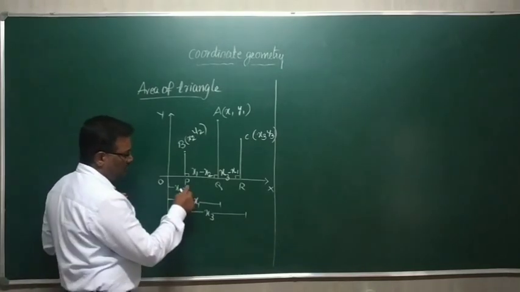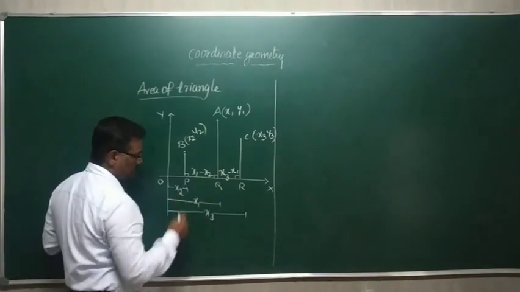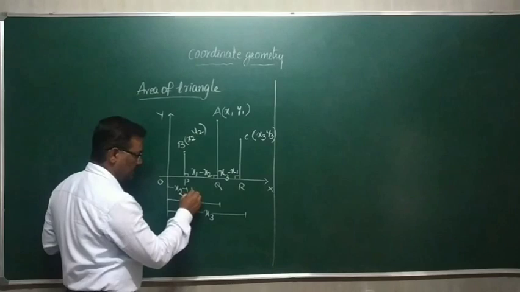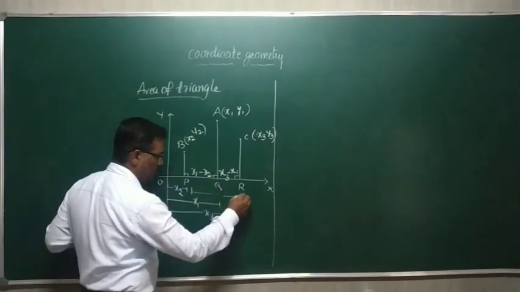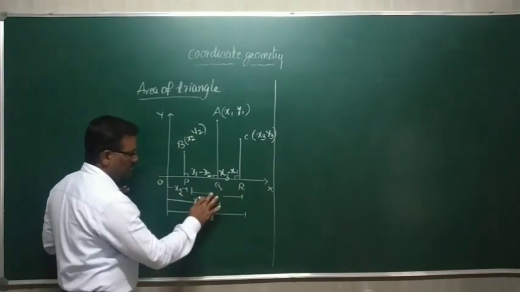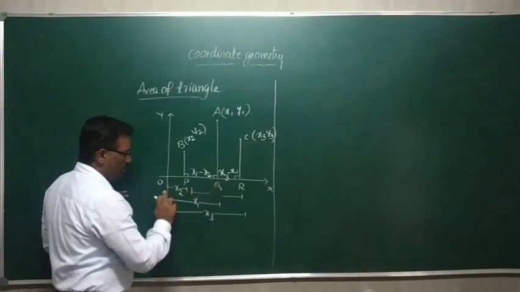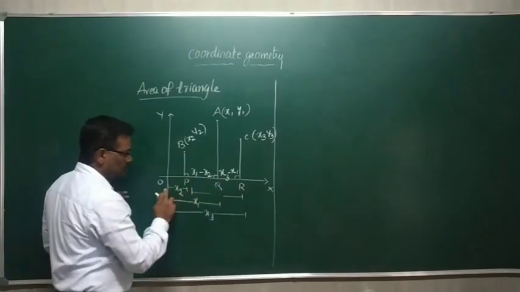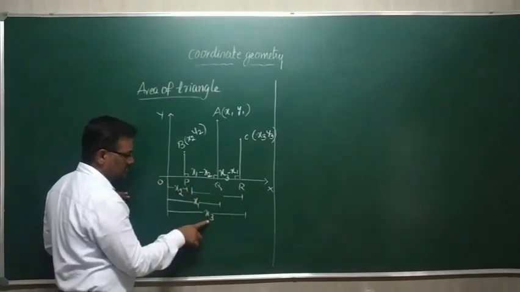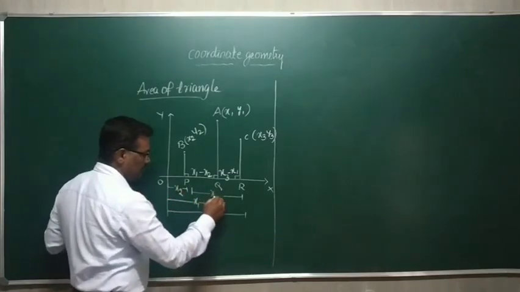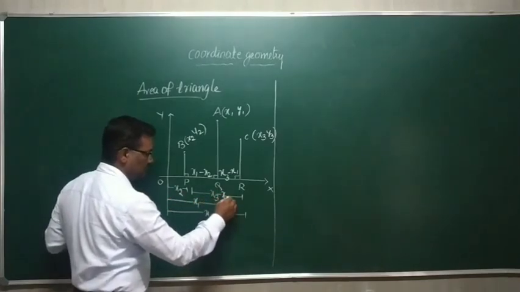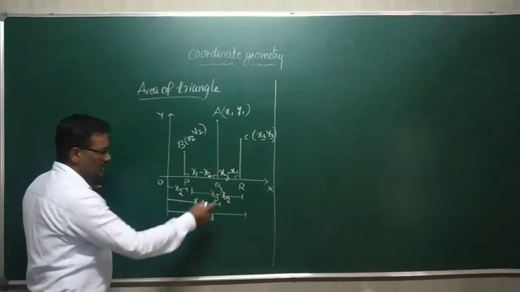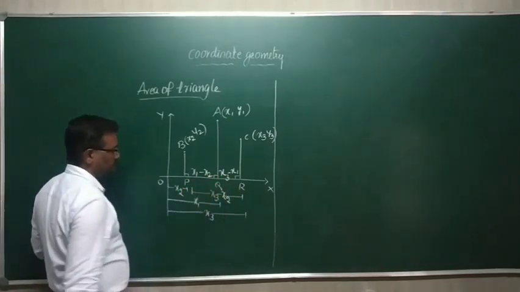So now, I want to get PR also, from P to R distance. PR is OR minus OP. OR is x3, OP is x2, that is x3 minus x2. This is the length of PR.